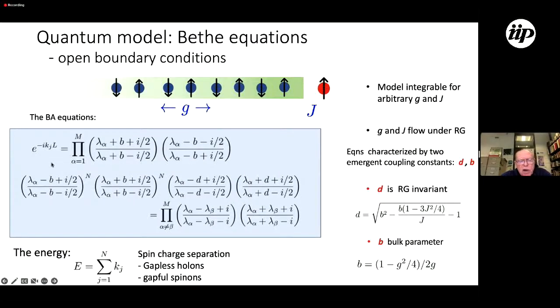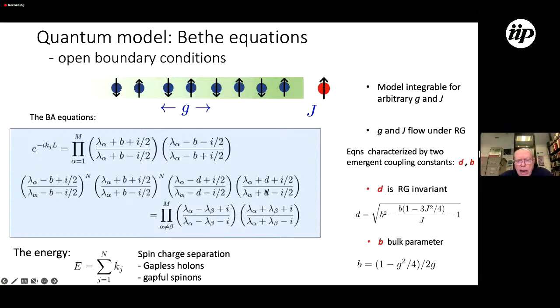It's given in terms of parameters lambda, which we call Bethe momenta, spin momenta, which we solve from this set of equations. Once we have determined the lambdas, we plug them in here, and then we can determine the allowed momenta. Once we have determined these allowed momenta, we can calculate the energy, because it's the sum of this k_j, which we determine from this expression.